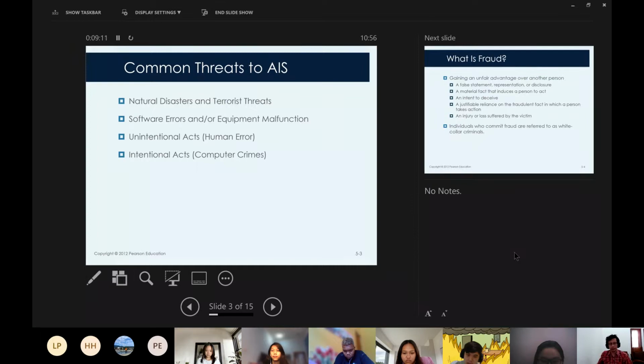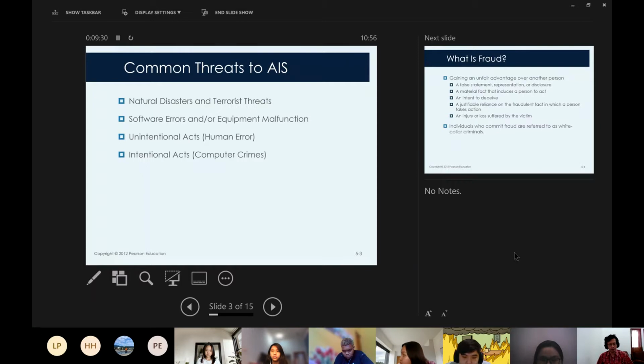Terrorist threat. You remember 9/11, where two hijacked planes hit the World Trade Center buildings, the Twin Towers in New York. That was not the first time the World Trade Center was attacked by terrorists.